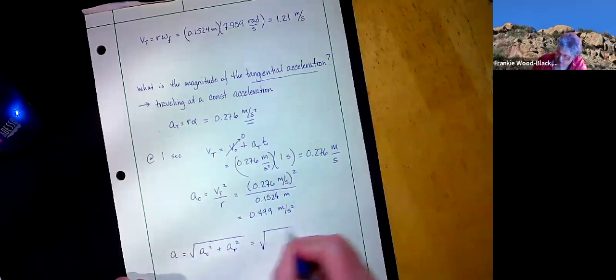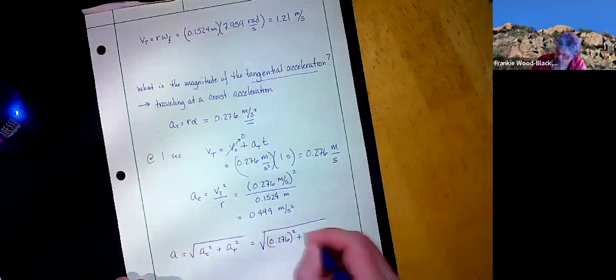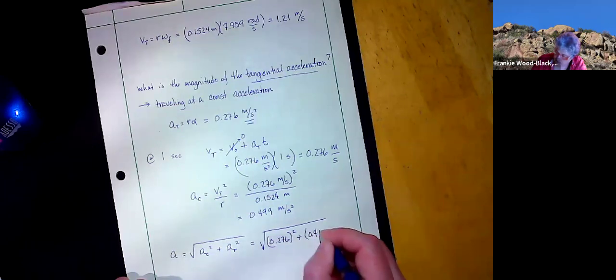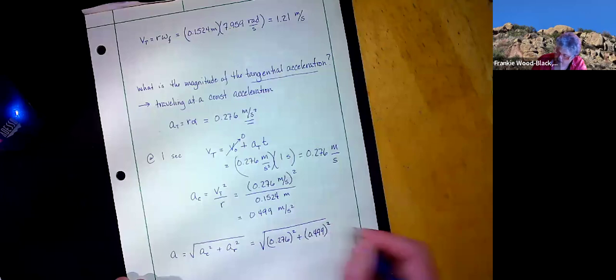And then finally, our acceleration is going to equal the square root of our centripetal acceleration squared plus our tangential acceleration squared. So that's the square root of 0.276 squared plus 0.499 squared.